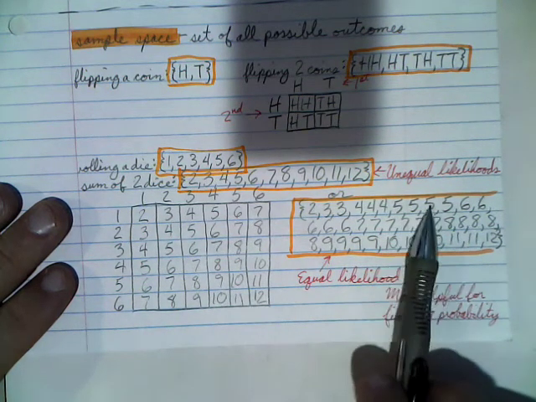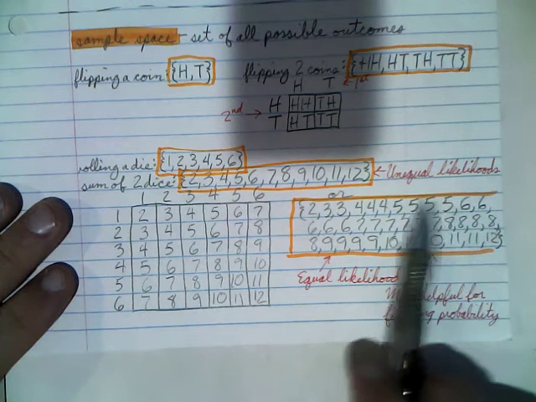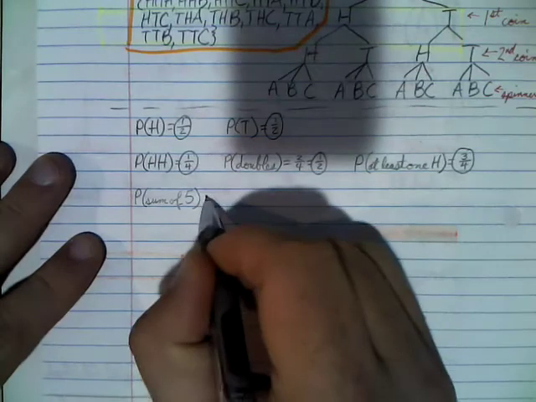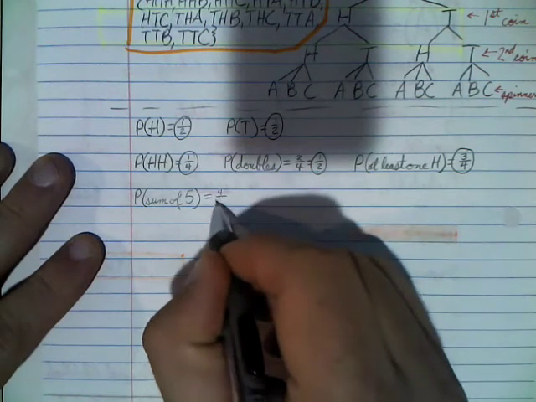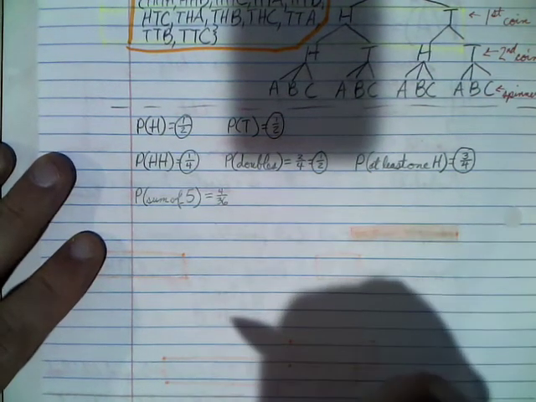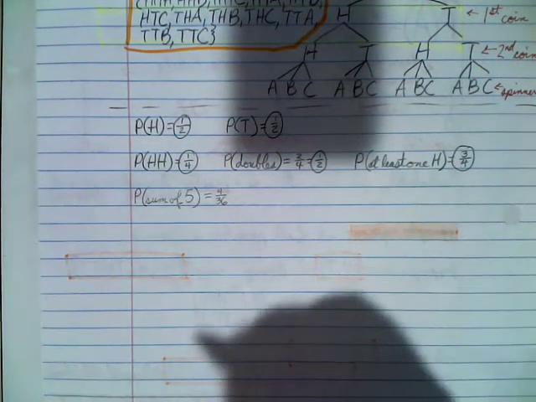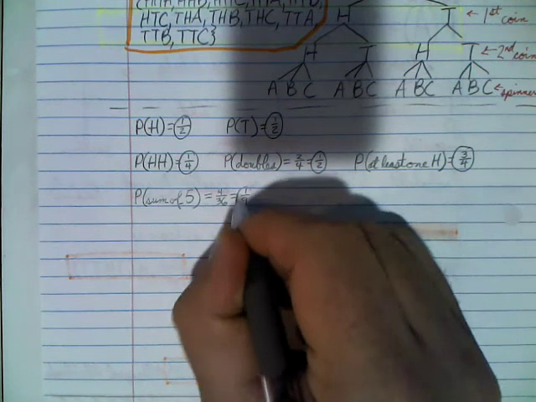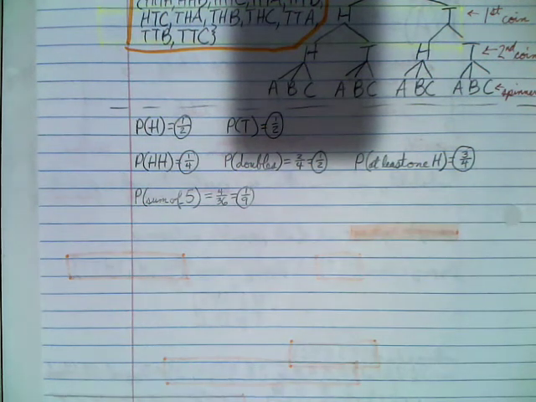I've got 1, 2, 3, 4 that match being a 5 out of 36 possible. So 4 are favorable, 36 are possible, and of course 4 goes into both of those. So the probability of getting a sum of 5 is 1/9.